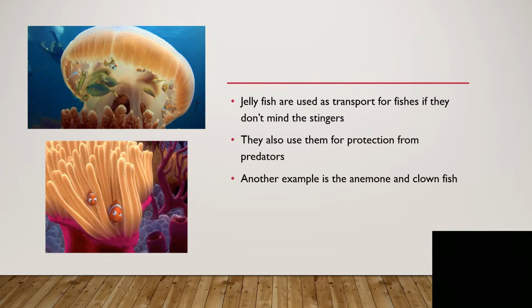As long as the fish doesn't mind the stinger, they can stay. Another example would be an anemone and a clownfish. The anemone would protect the clownfish, and then the clownfish will keep the anemone clean.